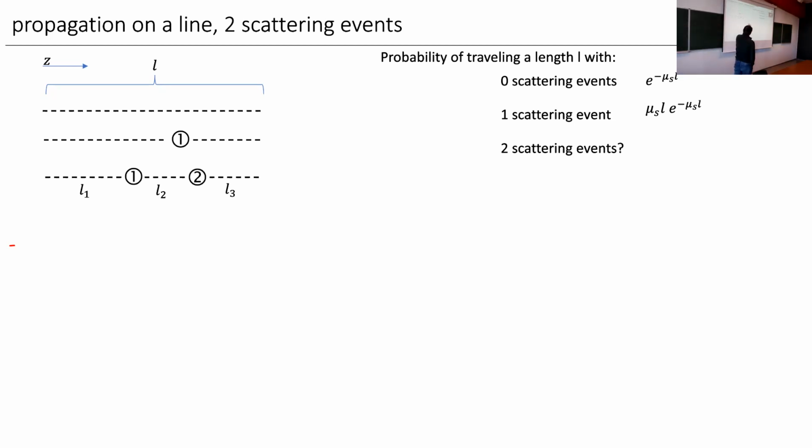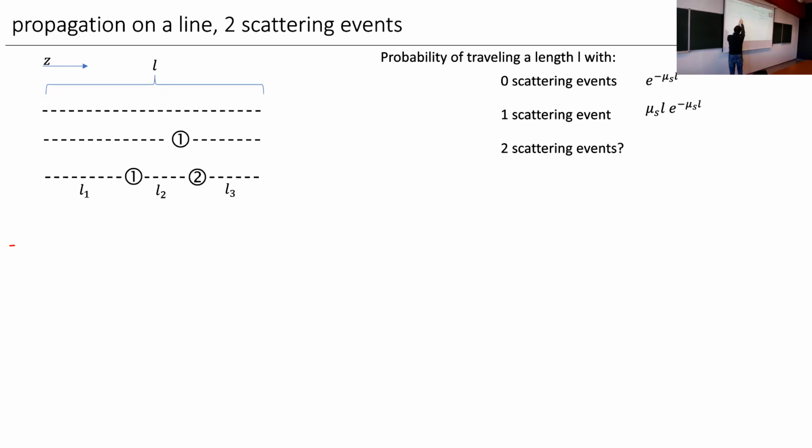Now the same recipe for two scattering events. We have interaction-free propagation to scatterer number one. This gives you exponential minus µs times l1, and then µs dx for the scattering here.